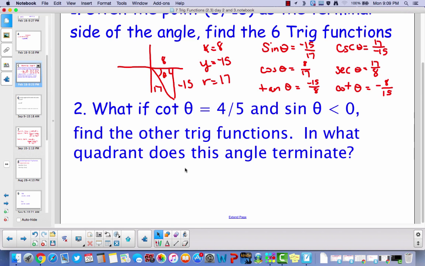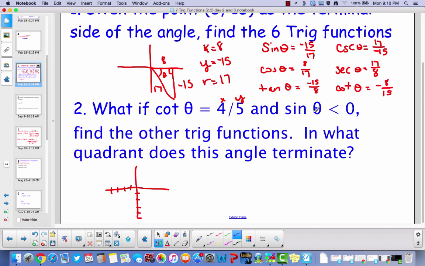Okay, now let's take a look at this one. Cotangent of theta is 4/5, and the sine of theta is less than 0. Where is cotangent positive and sine negative? That should be in the third quadrant. Remember that cotangent is x over y. So it says go over 4 and down 5 and draw your triangle.